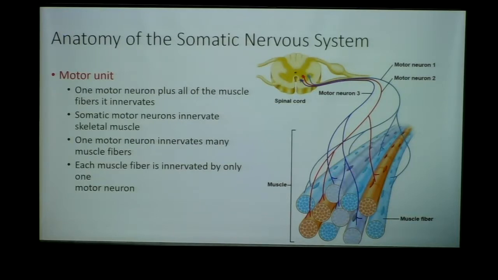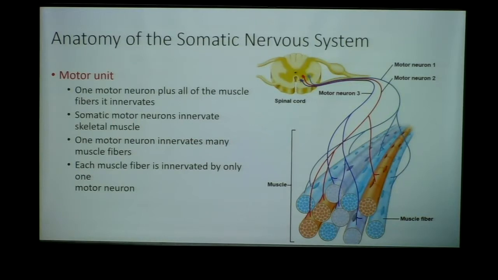We'll talk about the anatomy of muscle, but a muscle belly has several muscle fibers in it. One neuron going to more than one of these fibers is considered a motor unit. However, each muscle fiber can only be innervated by one motor neuron.